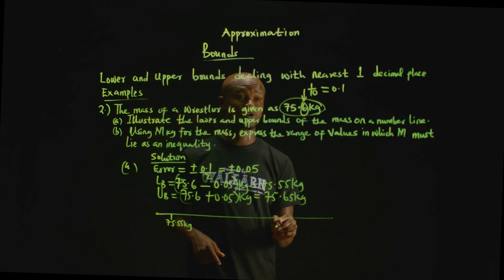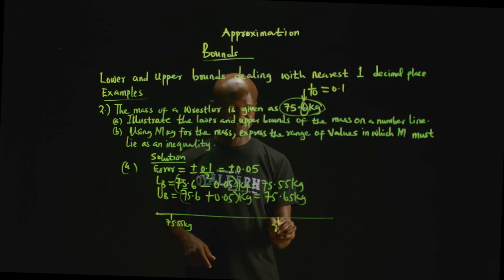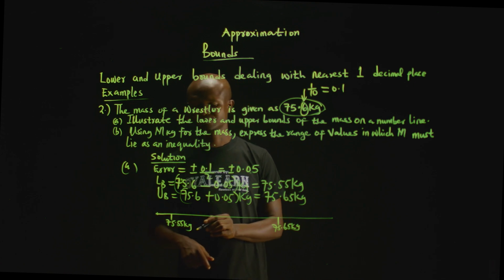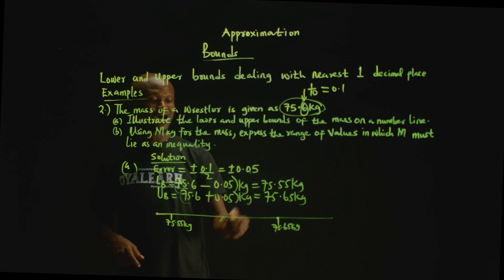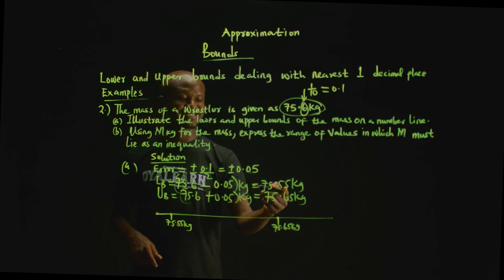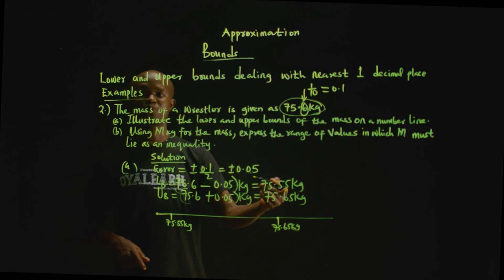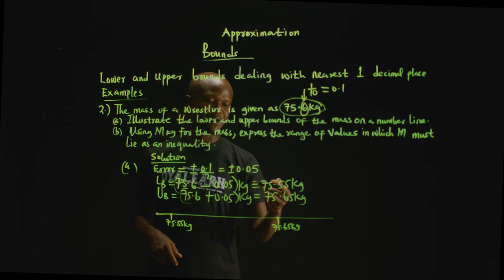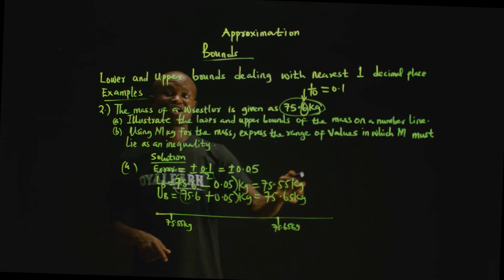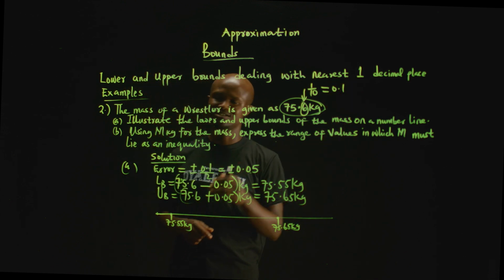Then the upper band is 75.65 kg. Now from here, for the lower band, we know that this value is equal to this and is less. That is, we are going to have 75.55 kg less than or equal to the mass.